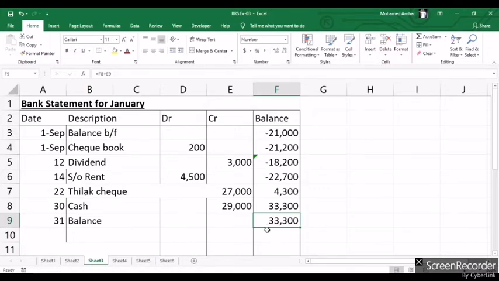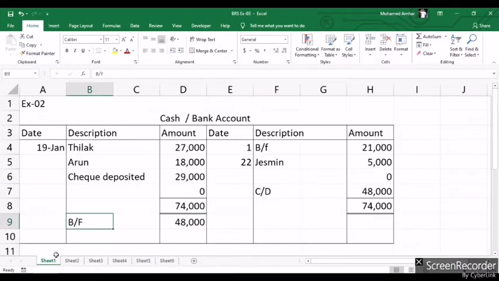Here it shows the closing balance as 33,300, and the business will compare this bank statement balance with the cash book balance. Here the cash book balance is 48,000. Both balances are not equal. There are differences.